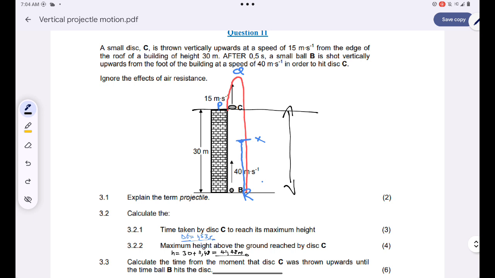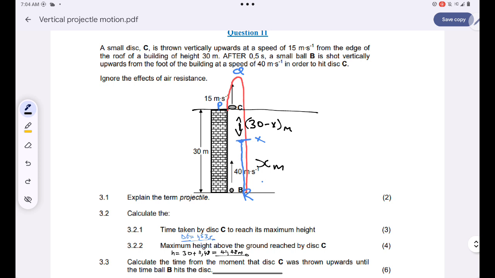The distance over there is 30 meters, right? So when the ball hits the disc, the ball would have traveled the length of x meters above the ground. Are you together? So it simply means that the distance over here is just 30 minus x.